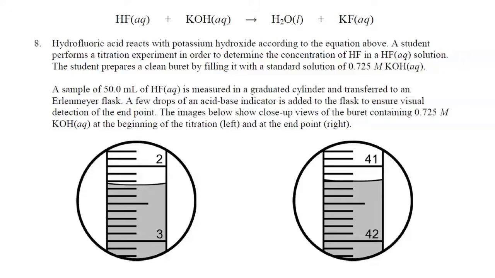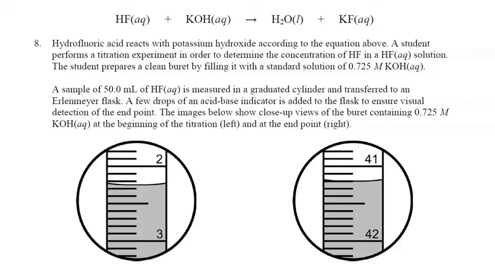The student prepares a clean burette by filling it with a standard solution of 0.725 molar potassium hydroxide. A sample of 50.0 milliliters of aqueous HF is measured in a graduated cylinder and transferred to an Erlenmeyer flask. A few drops of an acid-base indicator is added to the flask to ensure visual detection of the endpoint.